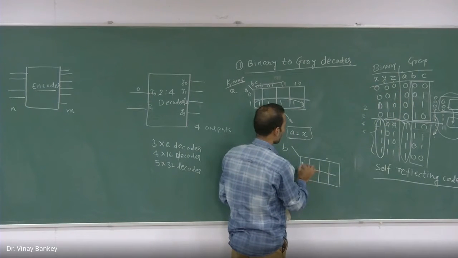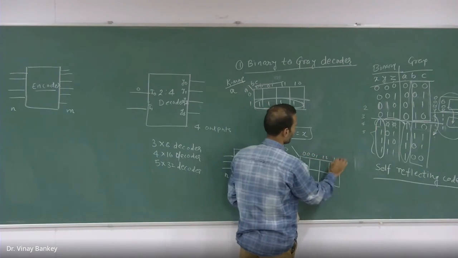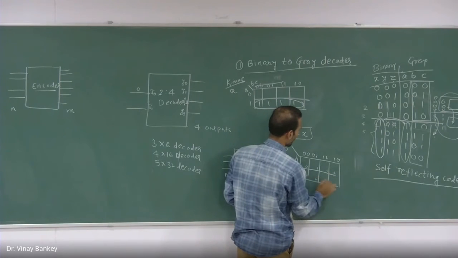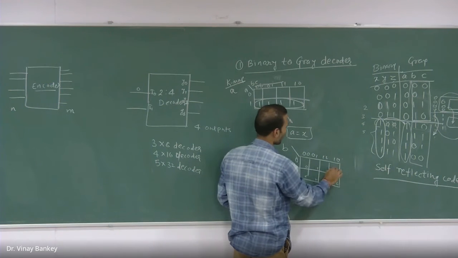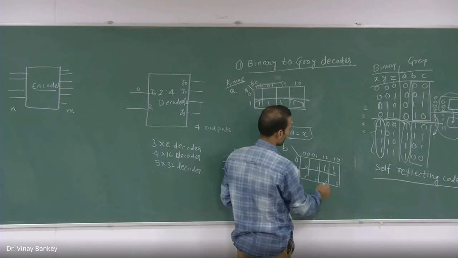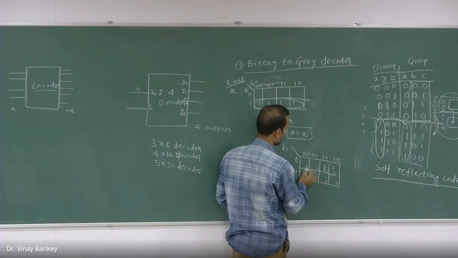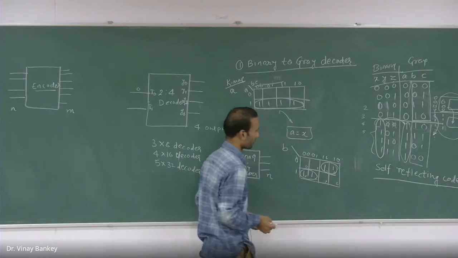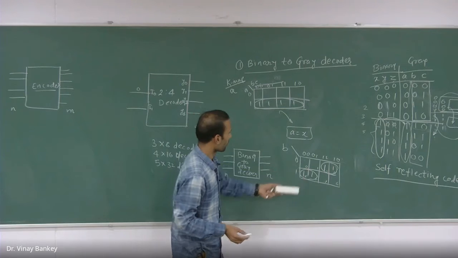So this is minterm 0, 1, 2, 3, 4, 5, 6, and 7. So it is high for 2, 3, 4, and 5. Now you make the largest possible groups. So these will be 2 groups to cover all the ones.